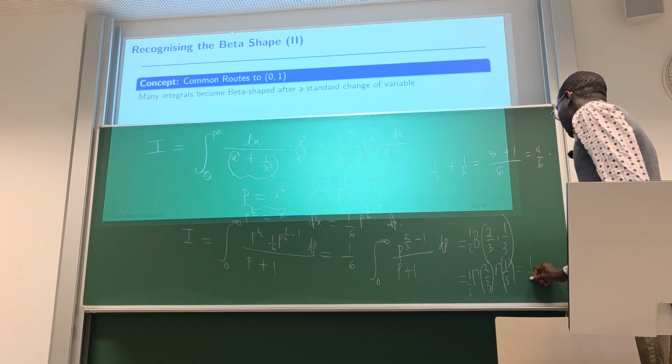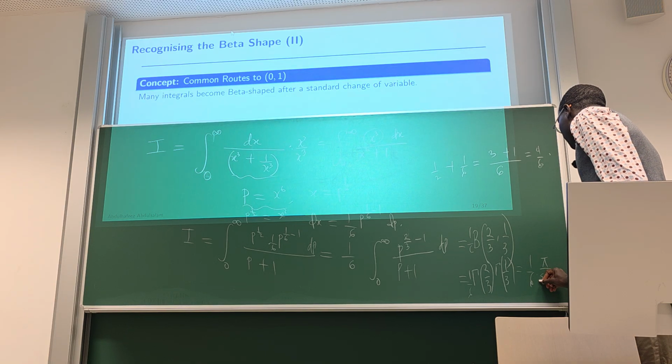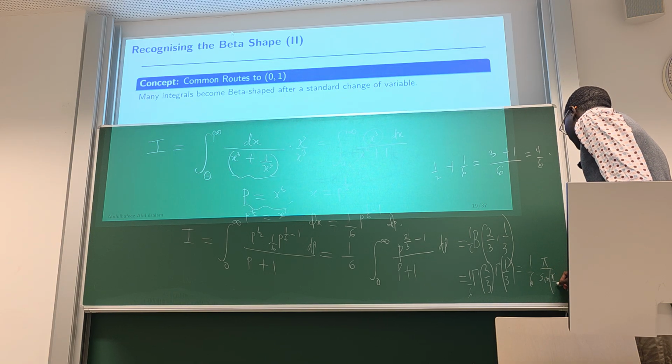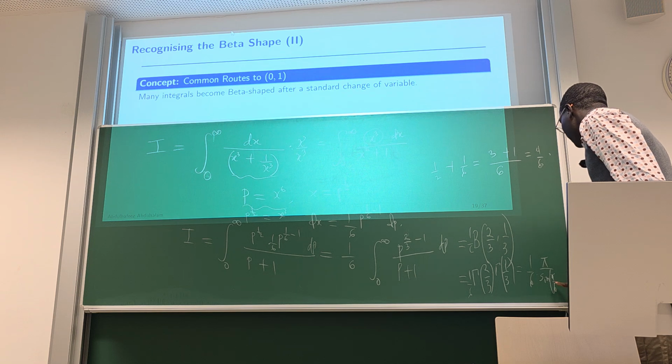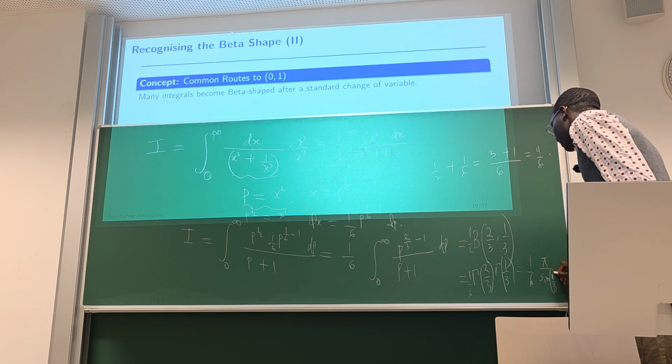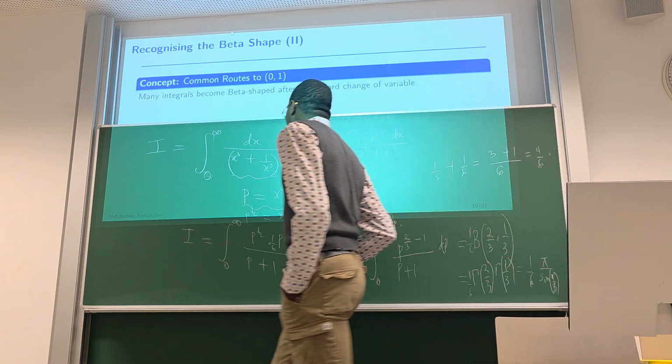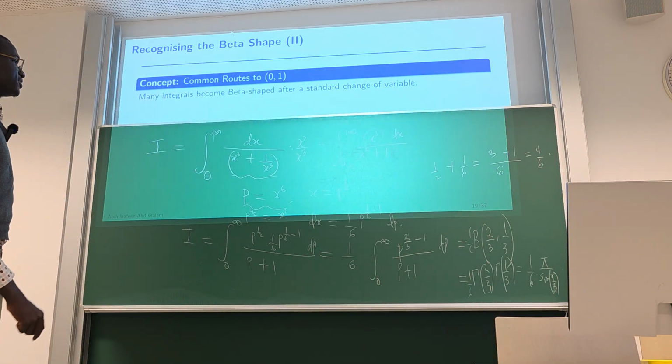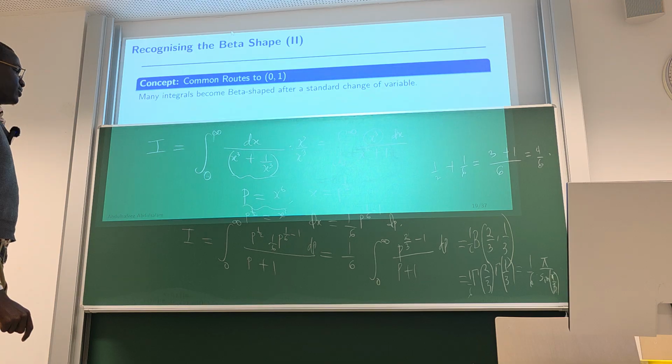This is 1 over 6 times pi over sine pi over 6. Oh no, pi over 3. But I could take a minute to cross-check what I did for possible errors. Okay.